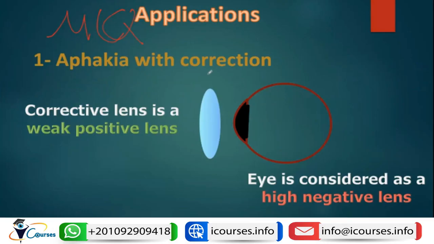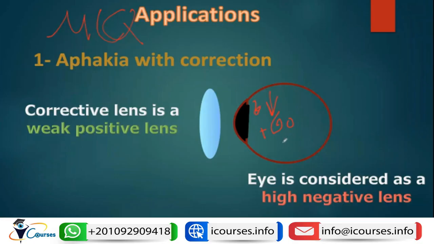How is that so? If we have aphakia, let's say, for example, that the power of the emmetropic eye is plus 60, as calculated from the Gullstrand eye and the schematic eye. If a patient has aphakia, then the power of this eye has decreased, because of the lens removal.